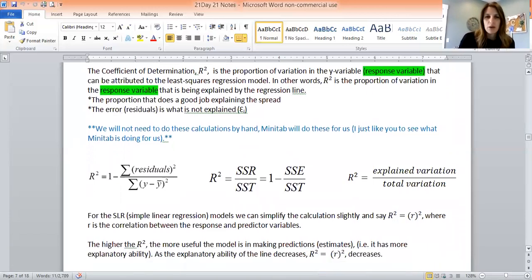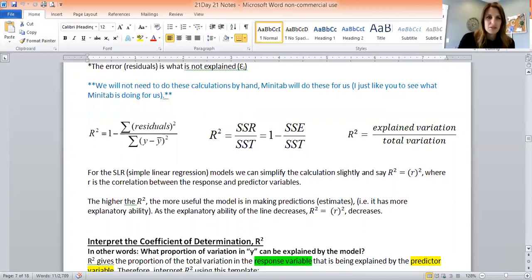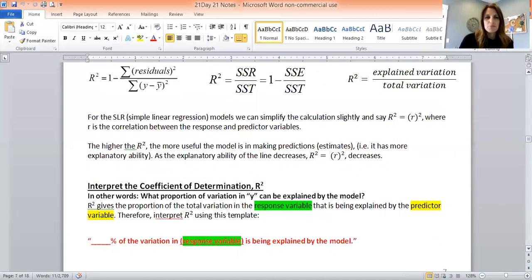Of course, here I've got some equations. Again, we are not calculating these by hand. You don't need to memorize those or use those. I just like to show you, even though sometimes they look scary. For simple linear regression, capital R squared is the same thing as lowercase r squared. The difference is that R squared is always my coefficient of determination.